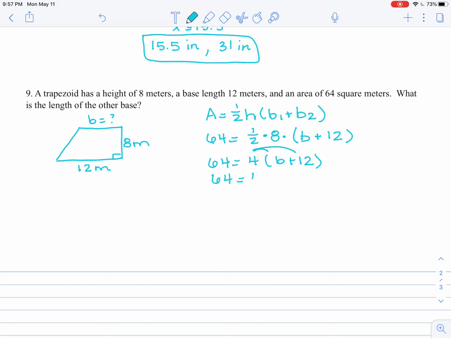And then we can distribute the 4 into the parentheses. So 64 equals 4b plus 48. When we subtract 48 from both sides, 16 equals 4b, which makes b 4. So for our final answer, the other base of the trapezoid is 4 meters long.